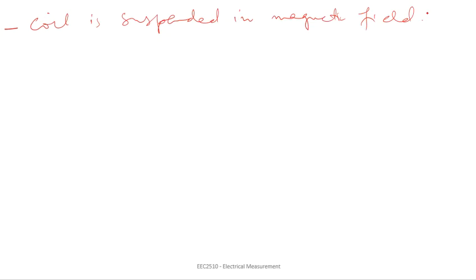You can write down some important points: there is a moving coil, that is, this coil is suspended in a magnetic field.